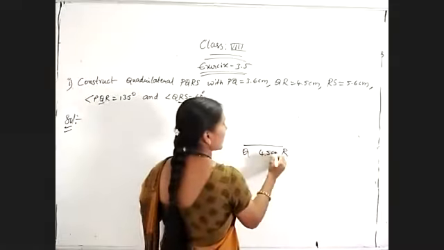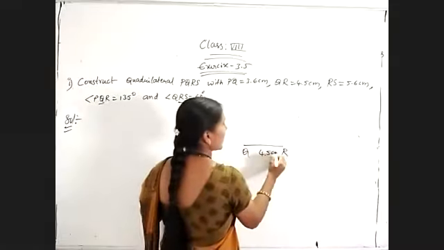Okay. Now angle Q, how much is given? 135 degrees. 135 is an obtuse angle, like this I will get. Angle R equal to 60 degrees. 60 degrees is an acute angle.